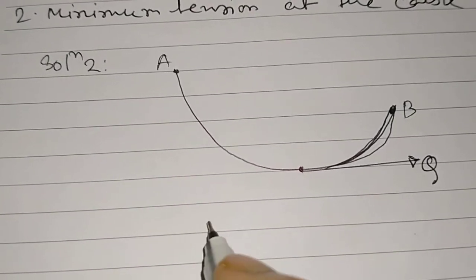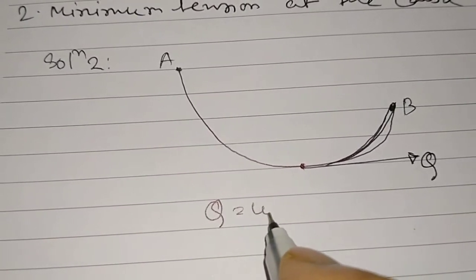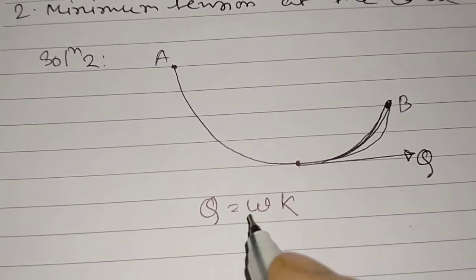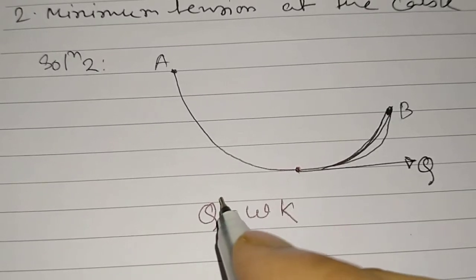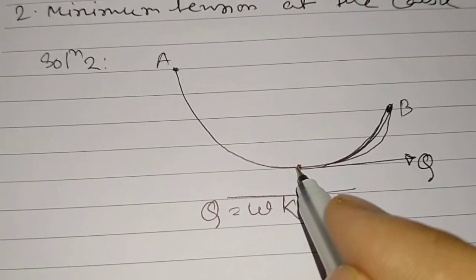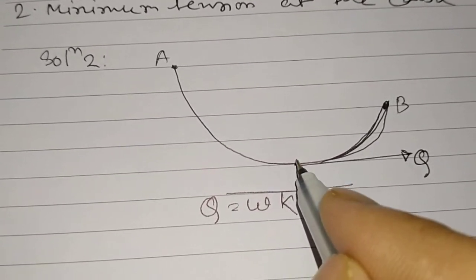And we know that for the catenary Q equals W K, where W is the weight of the cable per foot and K is the distance between this point and the road bed.